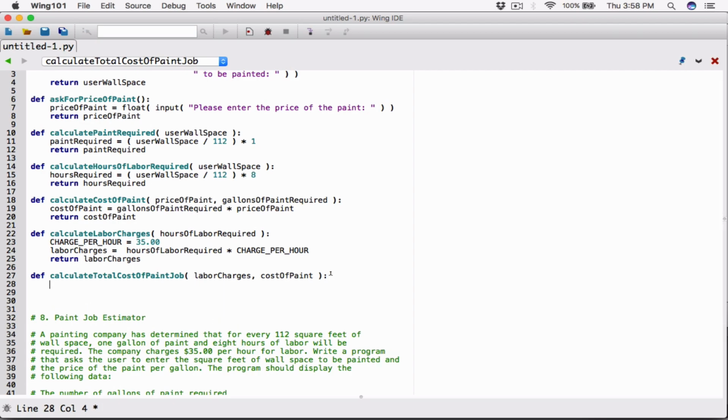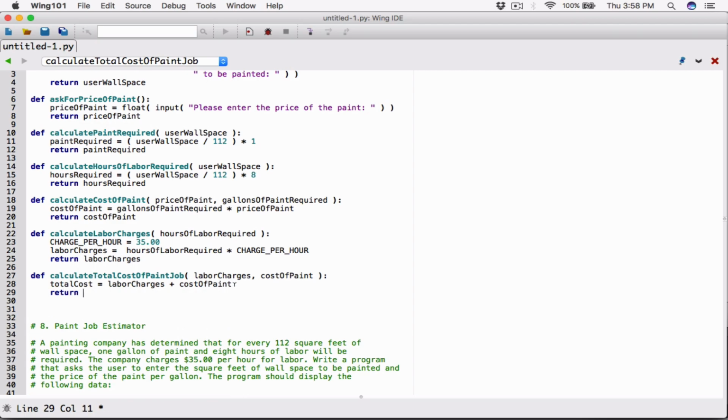Once we have those two arguments passed into this function whenever it's called, we want to add them together. So labor charges plus cost of paint. This is going to give us our total cost. So I'm going to define a variable called total cost, which is going to store that. And then I'm just going to return total cost.